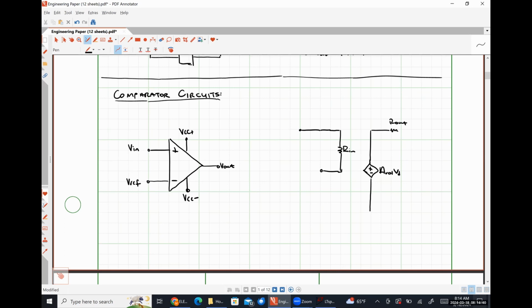Here's our out, like so. Since our output terminal is open circuited, the voltage drop across these two nodes is just going to be AVOL times VD. Connected between my inverting input terminal and ground, I'm going to have some voltage source VREF.